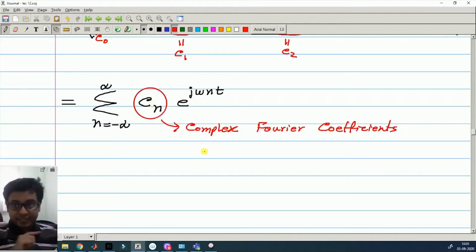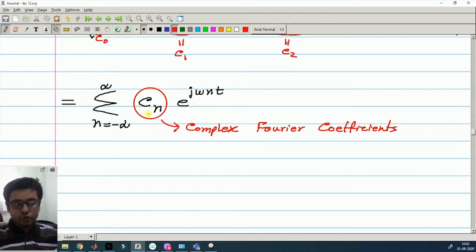So that means that any periodic signal, almost any, which satisfies Dirichlet conditions, can be written as a sum of complex exponentials. Almost any periodic signal can be created by mixing complex exponential signals.